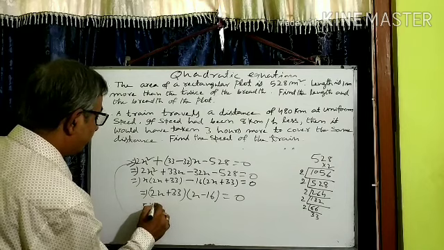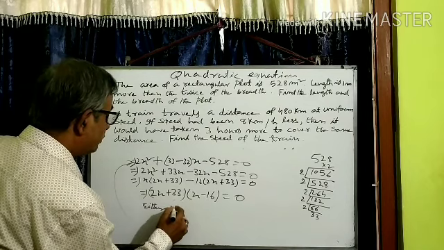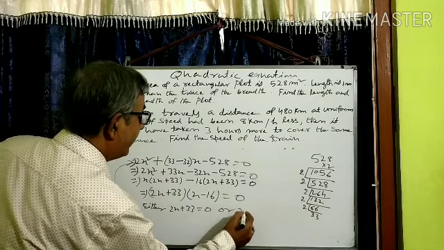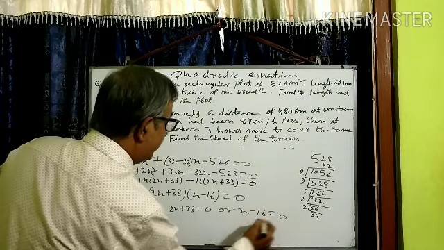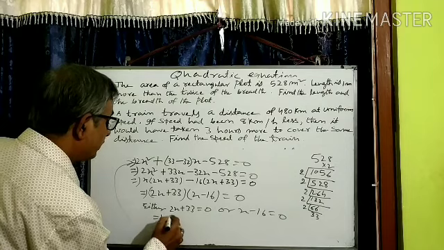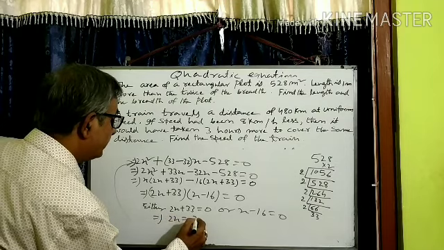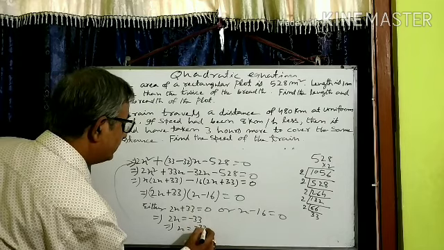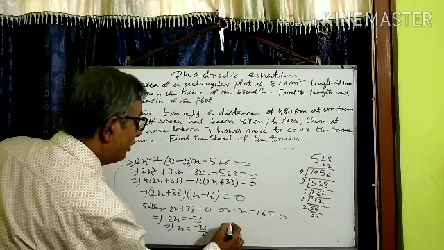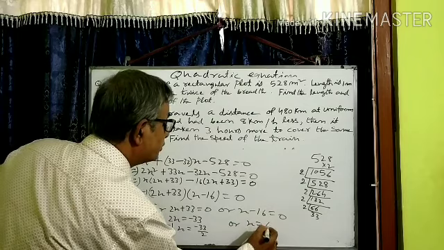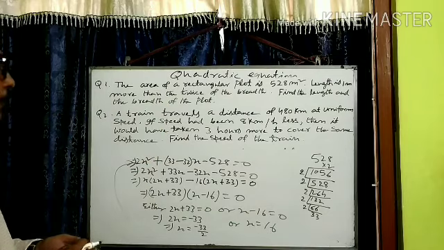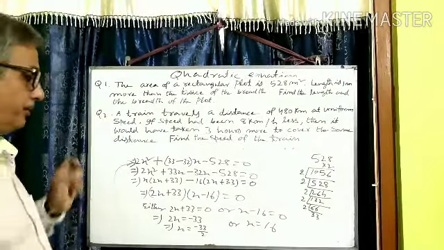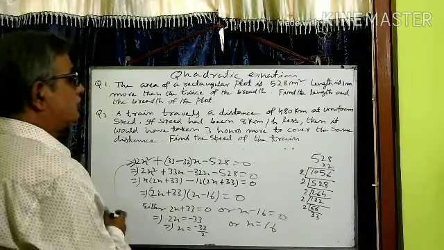Either 2x plus 33 is equal to 0, or x minus 16 is equal to 0. Now you see, 2x is equal to minus 33, so x is equal to minus 33 by 2, or you can get x is equal to 16. You know one thing, that breadth can never be negative, so you cannot take this one.